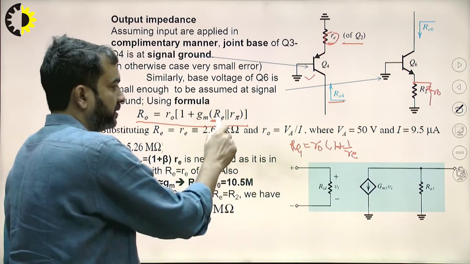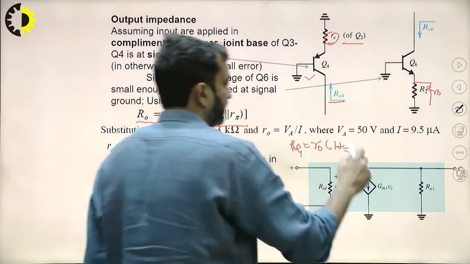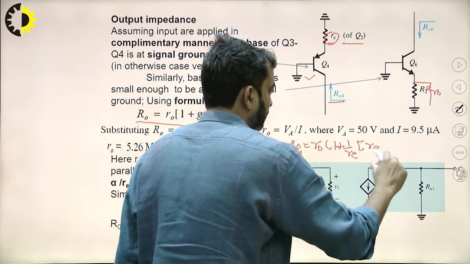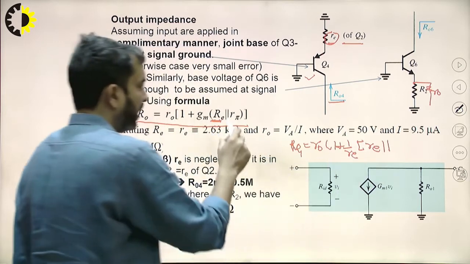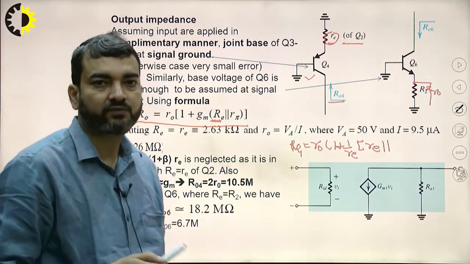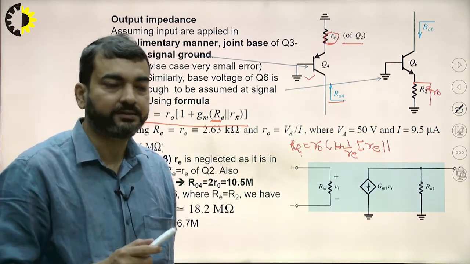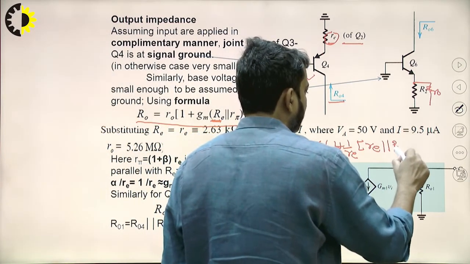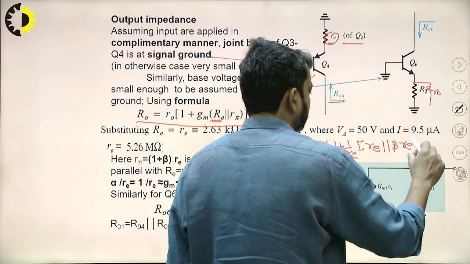Multiplied by capital Re, which is nothing but small re right now, in parallel with R pi. R pi is 1 plus beta times small re, so we will say approximately beta times small re.